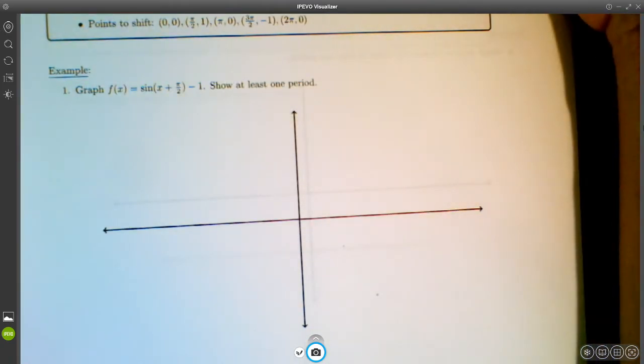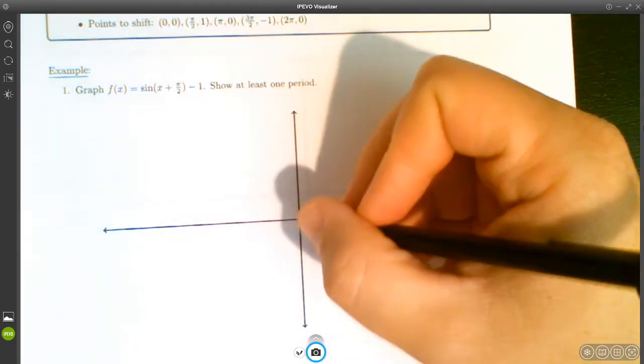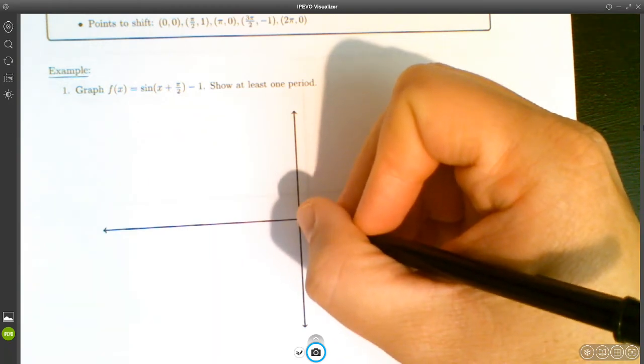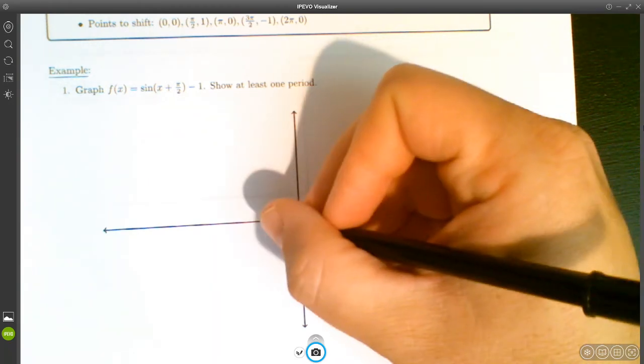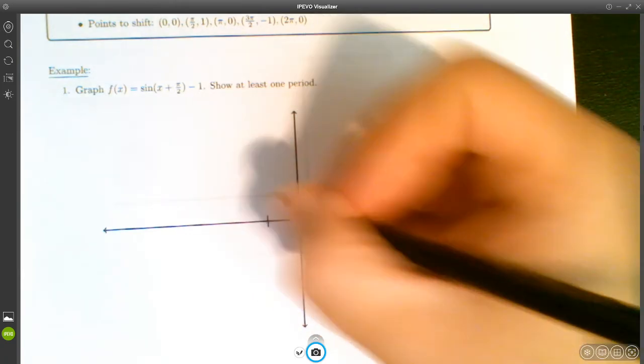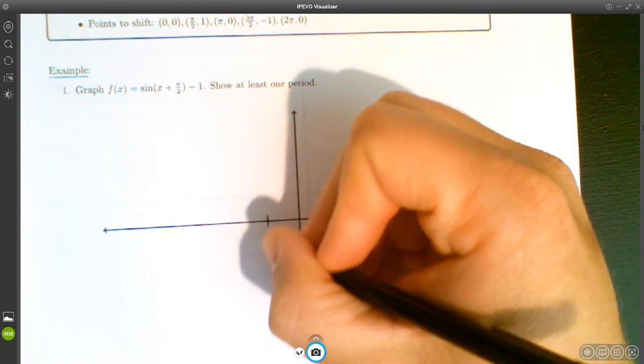Okay. So I'm going to be shifting left pi over 2 units and then down 1. So instead of having a point at 0, 0, I'm going to have a point at negative pi over 2, negative 1. Okay. So I'm just going to mark this negative pi over 2, negative 1.